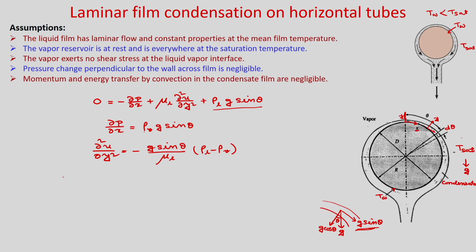If you integrate this equation with the boundary conditions that at y equal to 0 the velocity is 0, and at y equal to delta the shear stress is 0, you get the final expression of the velocity profile. It is the same expression as the earlier case, except g is replaced with g sin theta.